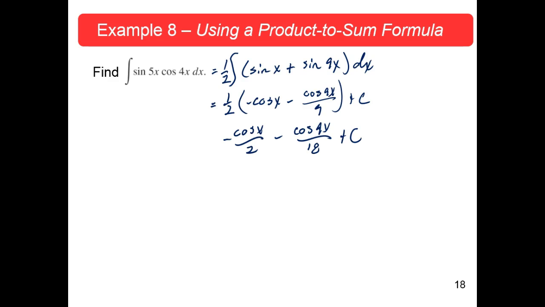On that first negative cosine x, if that had been negative cosine 2x, it would have been over 2. You're absolutely right. Because you're undoing the chain rule, here's what you do. You think, what happens if I take the derivative of this? That would be a minus 1/2 times the derivative of cosine, which is minus sine. So that makes it plus 1/2 sine, and that's exactly what you got, 1/2 sine x.